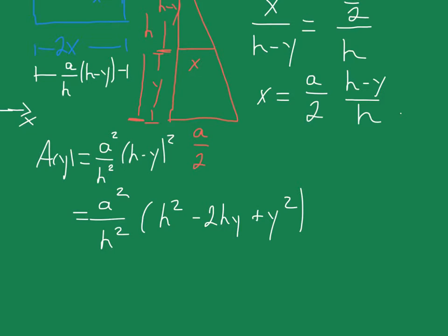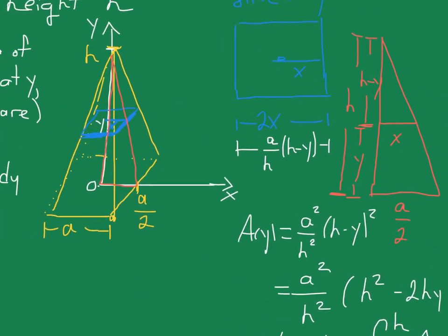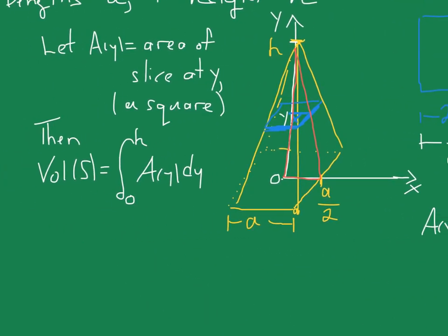Now we can compute our volume, because remember, our volume of our pyramid was equal to the integral from 0 to h of A of y dy. That's what we said before, and in fact, if we travel around over here, that's what we said.